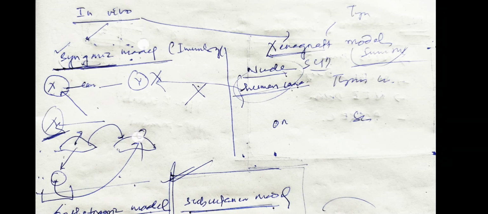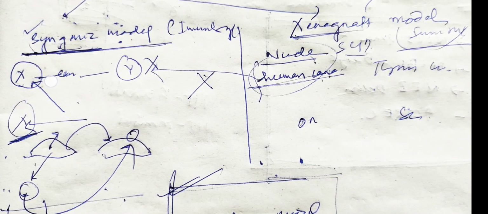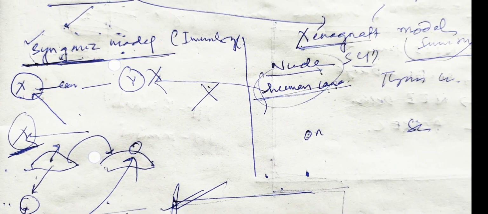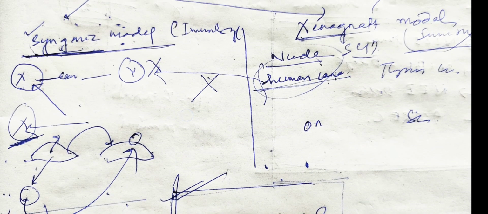For example, if you consider a mouse, you put the drug inside the mouse and then you clone another mouse from the cell line of the previously taken mouse. In this case, you can administer the drug in that cloned mouse to check the activity or immune response to that drug. This is your syngenic model.